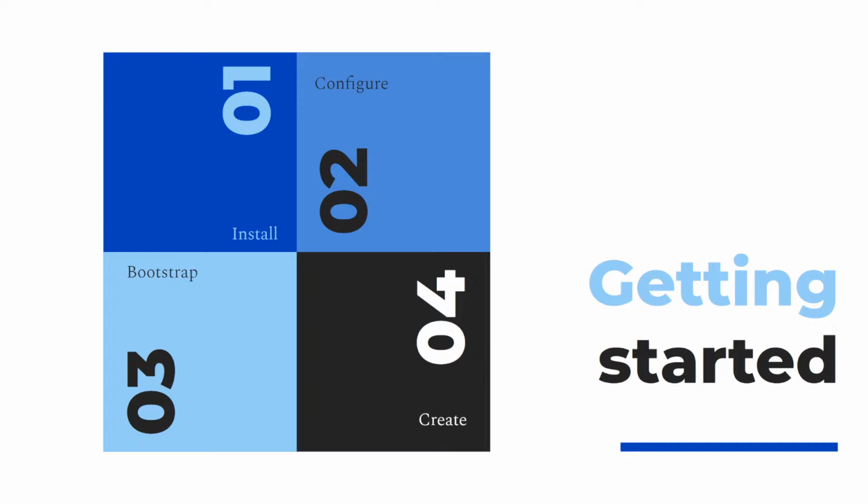First, you install it, then you configure it, you set up the configuration the way you want it, then you bootstrap the releases that you want, and then you create containers. So I'll go over each of these steps, but these are the steps that I go through. I set up a new machine, I install it, I set up the config, I do a bootstrap, and then I start creating.